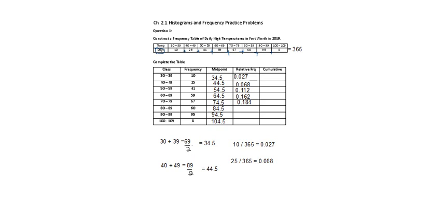Then 60 divided by 365 is 0.164. Then 95 divided by 365 is 0.260. And finally, 8 divided by 365 is 0.022. All right, so relative frequency is complete.